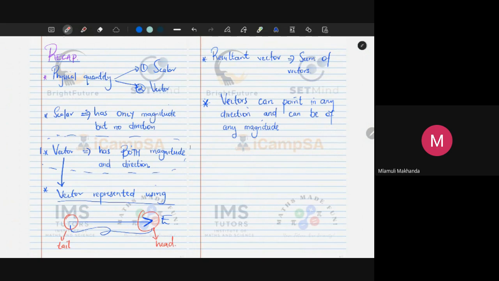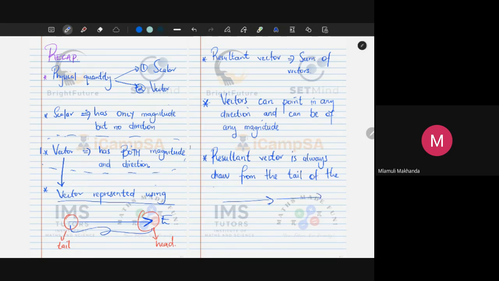And we said resultant. Whenever you draw a resultant, it is always drawn from the tail of the first vector, because if you remember very well, we would have something like this.